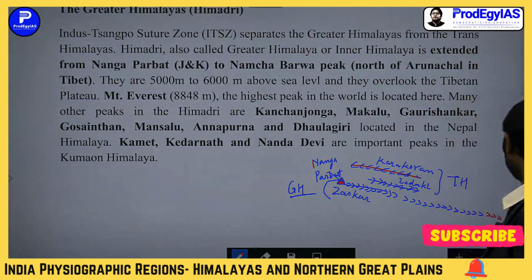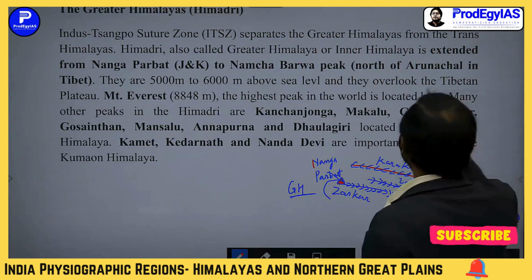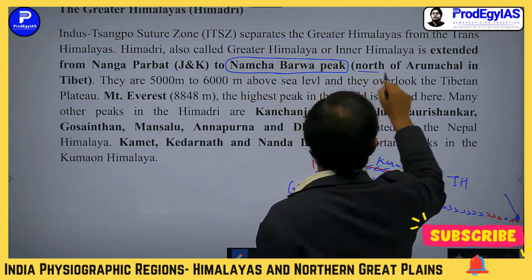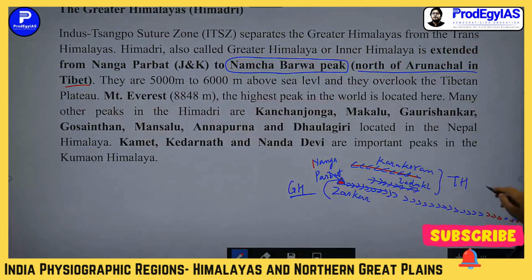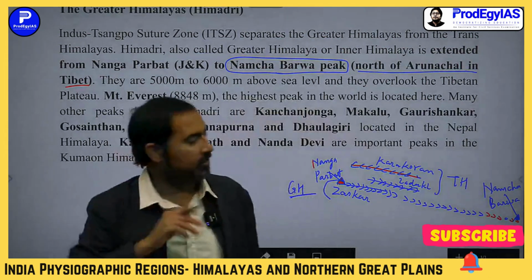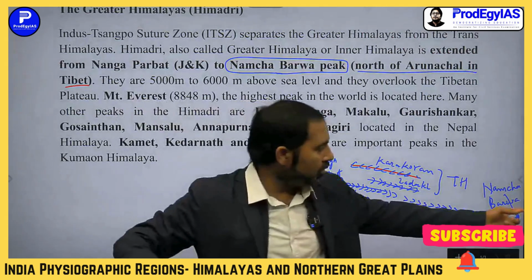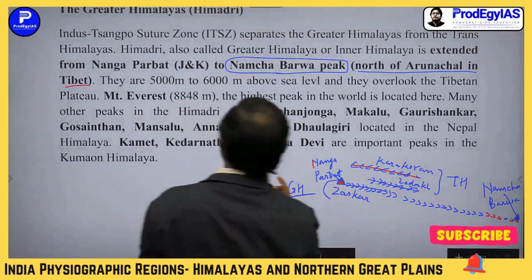This Namcha Barwa peak is not in India, it is north of Arunachal in Tibet, right? So if anybody asks the extension of the Greater Himalayas, it extends from Nanga Parbat in the Zanskar range up to Namcha Barwa peak.